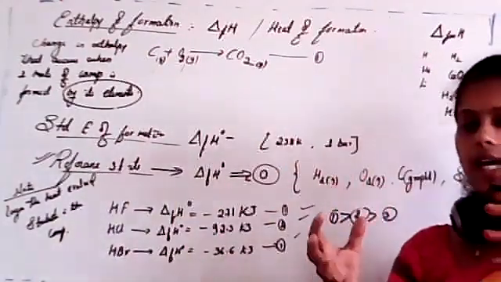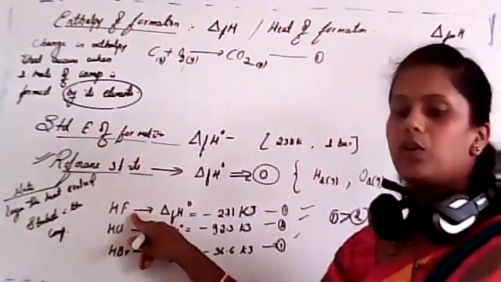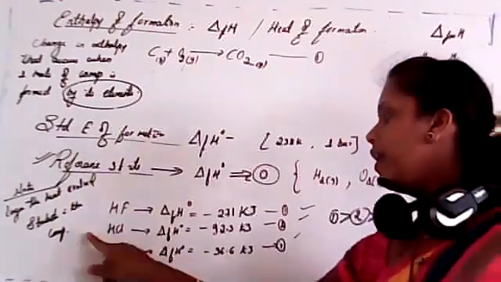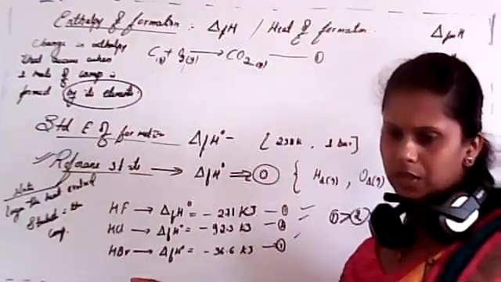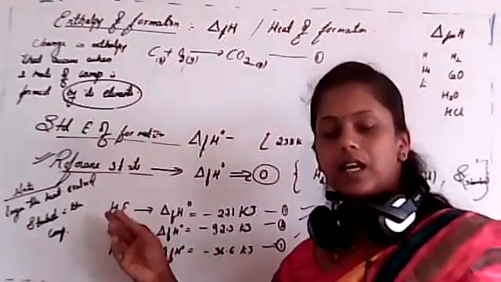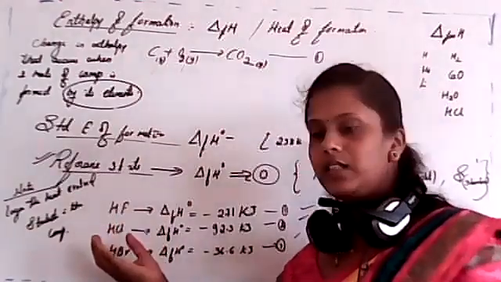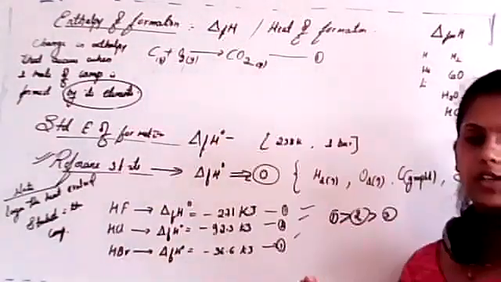That means while forming a bond, hydrogen reacts with fluorine, it gives the HF molecule, evolving a large amount of heat.